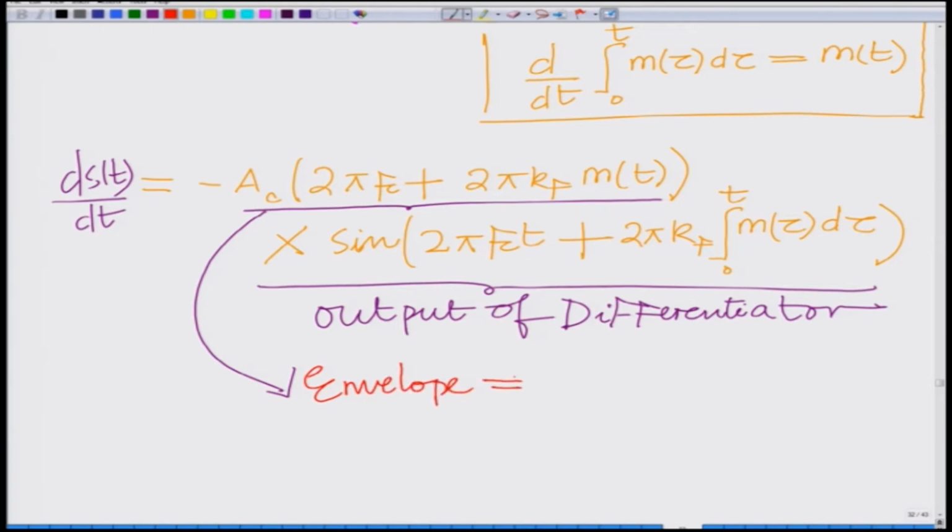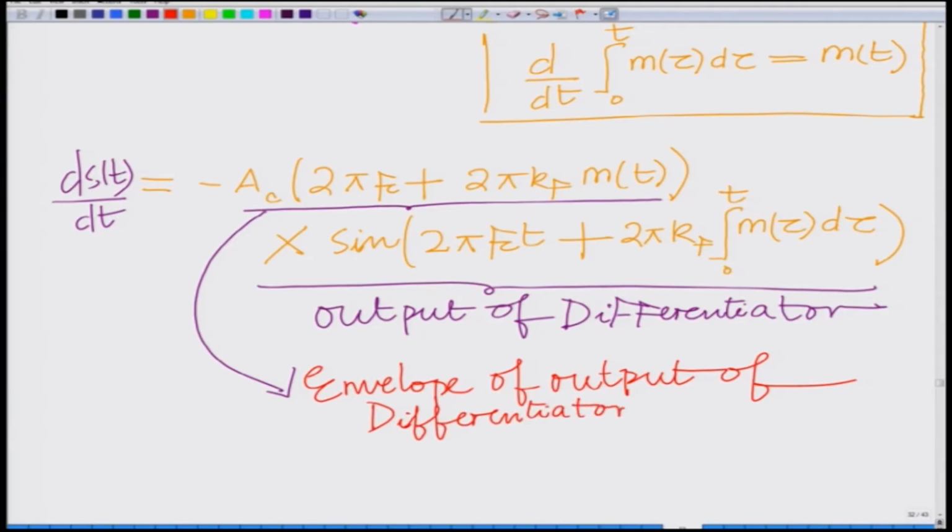The envelope of the output of the differentiator equals A_C times 2 pi f_c plus 2 pi k_f m(t). So, what you can see is that the envelope of the output of this differentiator is proportional to m(t).